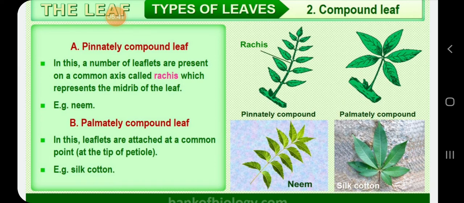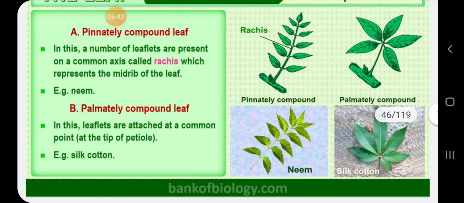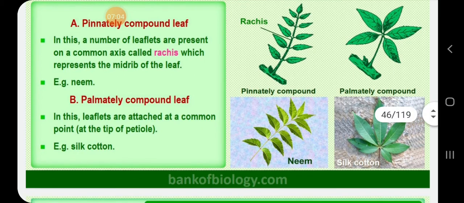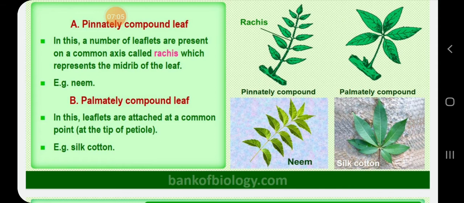Now in palmately compound leaf, the leaflets are attached at a common point. Many leaflets are attached at the common point, almost like on a palm. So you can see that in silk cotton many leaves are attached at a single point.